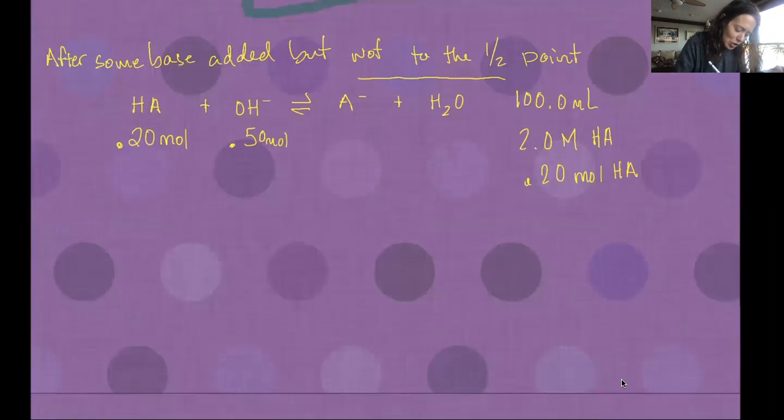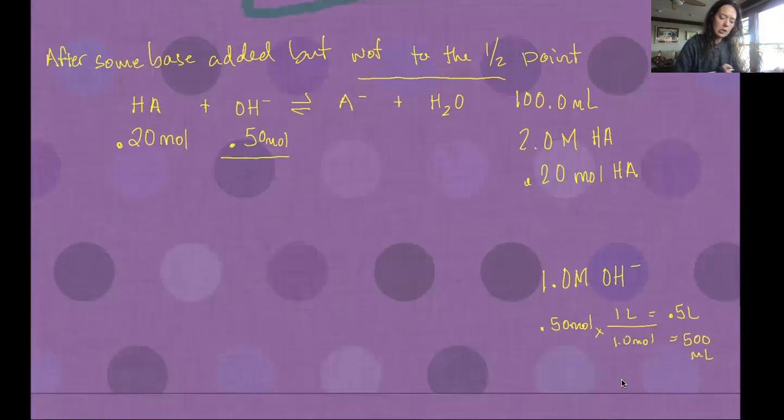Now, my question to you is, if the concentration is 1.0 molar hydroxide, because you might see questions like this, and I need to have 0.50 moles, then what volume have I added? Well, according to our molarity, there's 1.0 mole for every 1 liter. That's 0.5 liters, which is 500 milliliters.